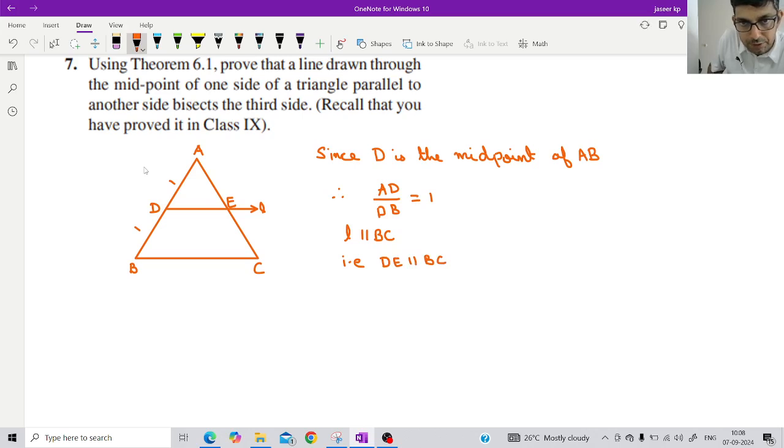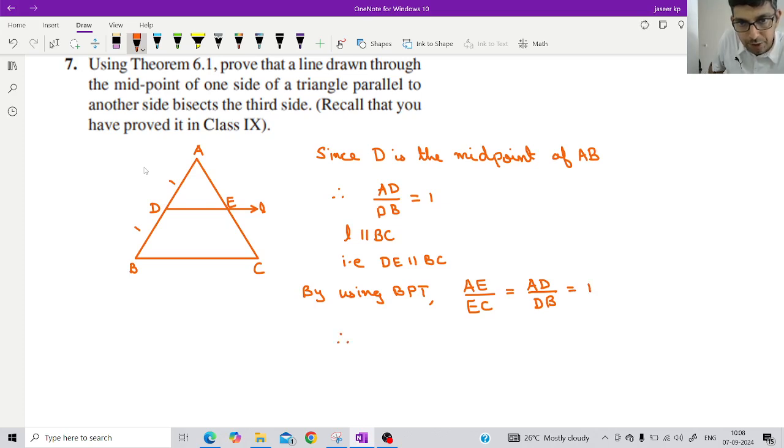So therefore, since DE is parallel to BC, by using BPT, we will have the same ratio for AE by EC also. AE by EC will have the same ratio as AD by DB. The ratio of AD by DB is 1 because D is the midpoint of AB.